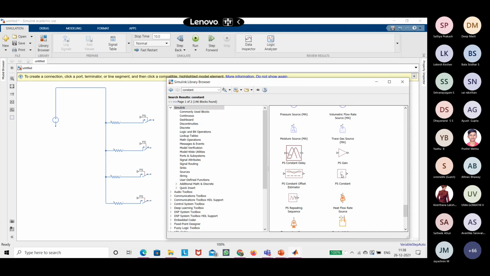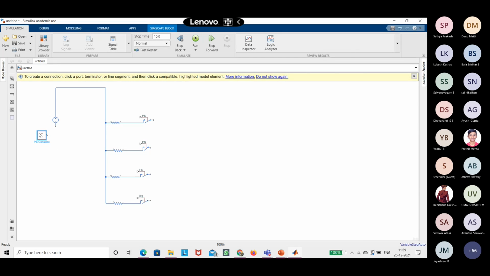Get this PS constant, or you can just type it out so that you can get it easily. Copy paste it 4 times because you need 4 such blocks. Basically over here we'll give the digital input, whatever 0 or 1, so you'll set this over here.